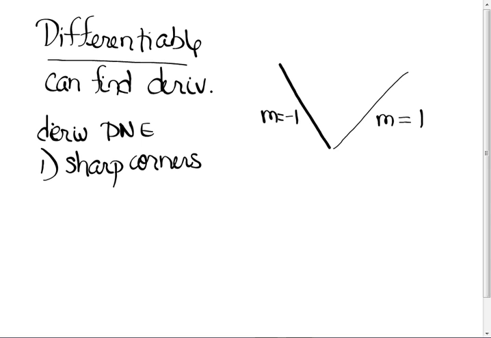So for this derivative to exist, basically the derivative has to be 0, if you think about it. And this is like going backwards in your car, and while you're still moving, shift into forward. That's a very bad thing to do. So you can't have that. So you can't have a derivative existing at sharp corners. So basically it's saying f prime from the left has to equal f prime from the right.